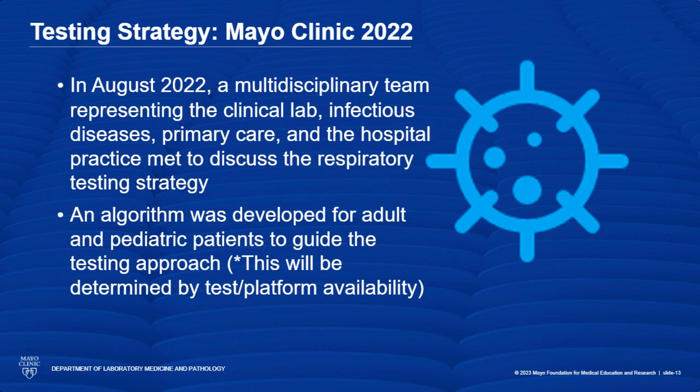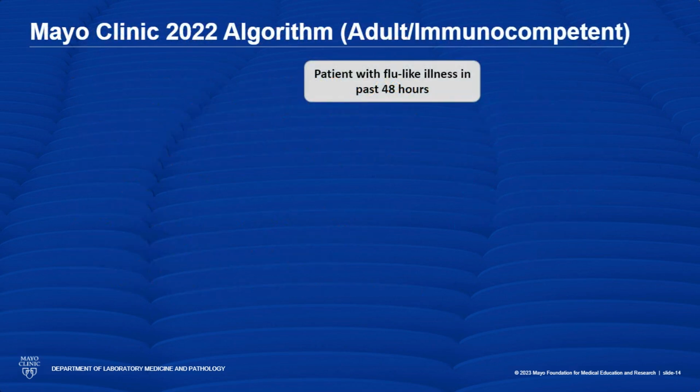So let's review the algorithm that we developed in 2022 for both adult and pediatric patients. So in the adult setting, we focused on patients who, again, would call or present to an emergency department or outpatient center with a flu-like illness in the past 48 hours.